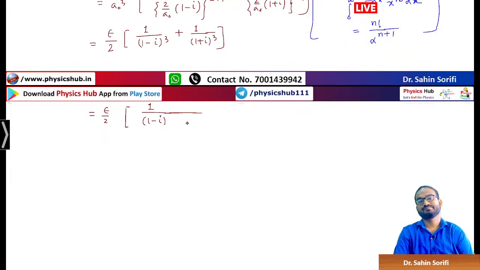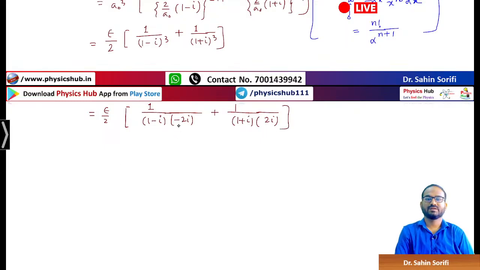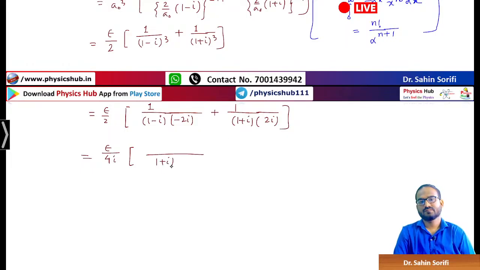Minus 2i. And (1 plus i) whole square is plus 2i. Using the formula a square plus 2ab plus b square, 1 square minus 2i plus i square, so it is minus 2i. Epsilon by, let's say 2i taken common, so 4i, then (1 plus i) and (1 minus i), it is how much?